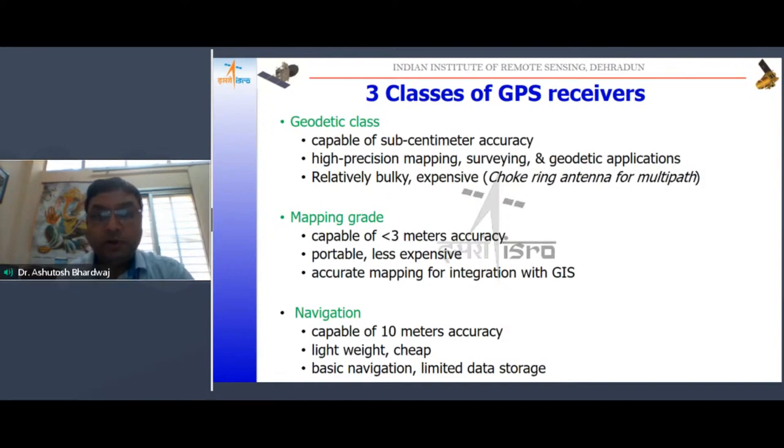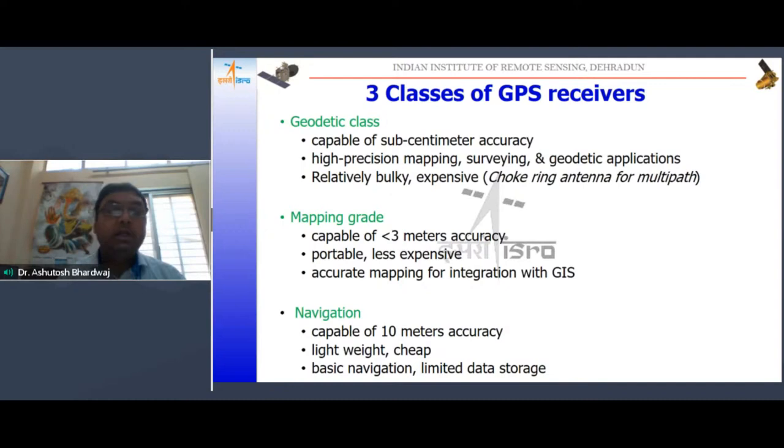Okay, so we'll move ahead, and then we will again come back to questions. So now there are 3 classes of GPS receivers which we have developed, because we have GPS receivers currently from 5,000 rupees to 10 or 20 lakh rupees. So there's a large variation in the GPS receiver devices. So these devices are in general classified into 3 types.